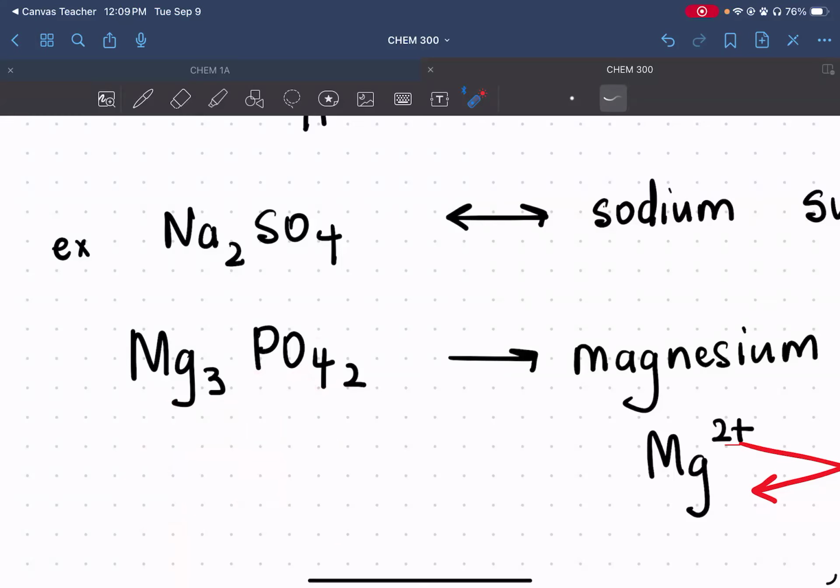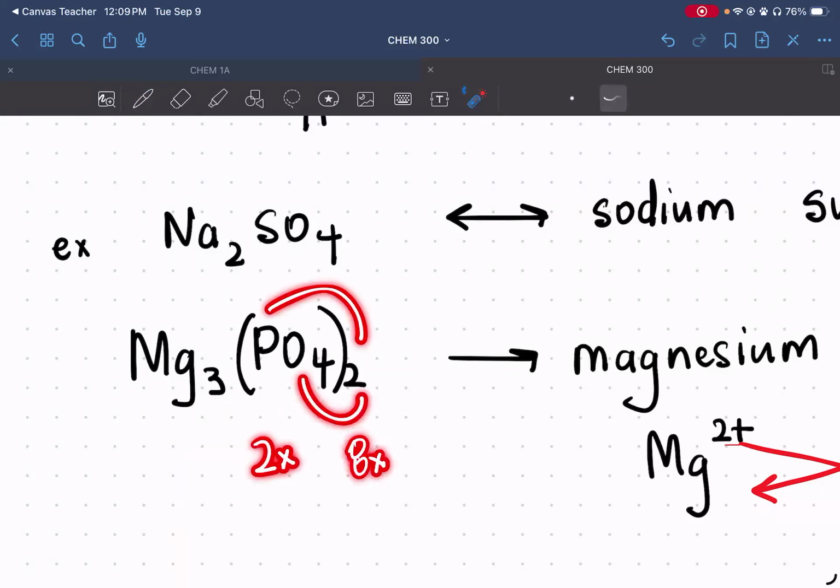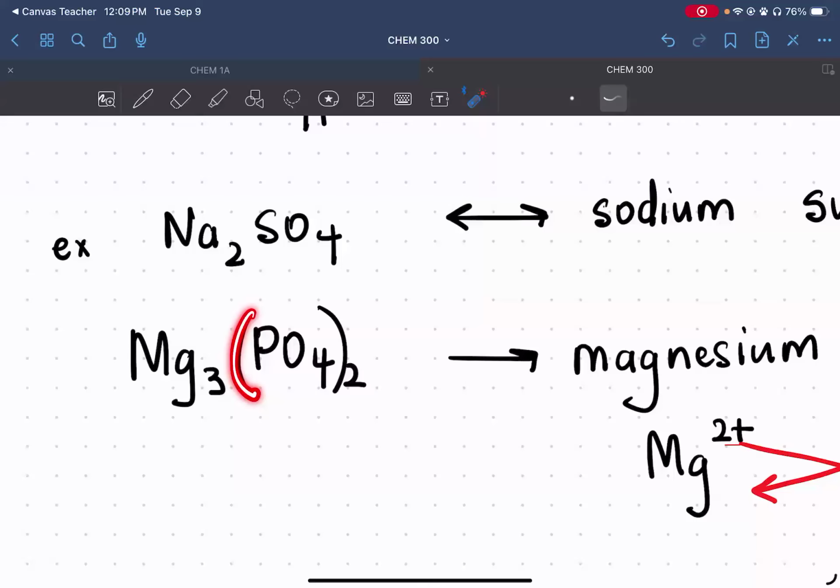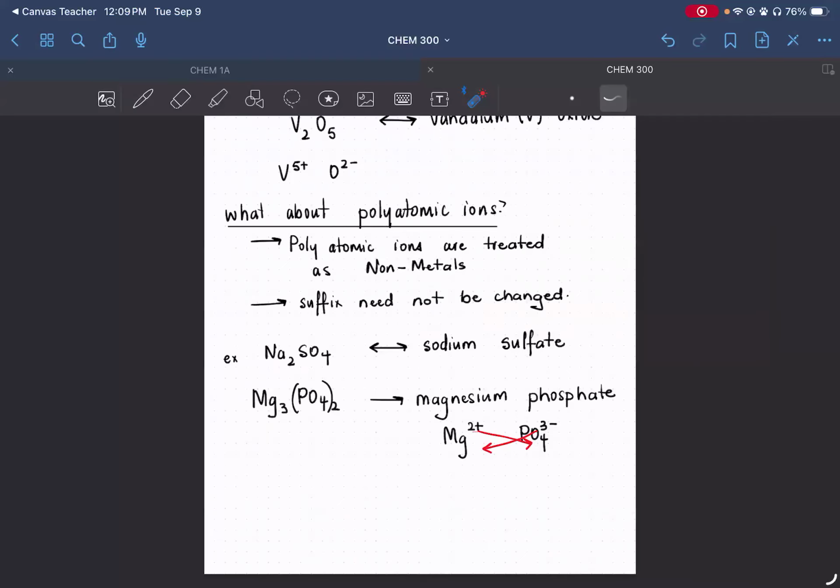So whenever we're dealing with that type of situation, we just put a bracket around the PO4, making it clear there are 2 of the phosphates. There are in total 2 phosphorus atoms. There are in total 8 oxygen atoms. The use of the bracket helps us with that. Any questions so far?